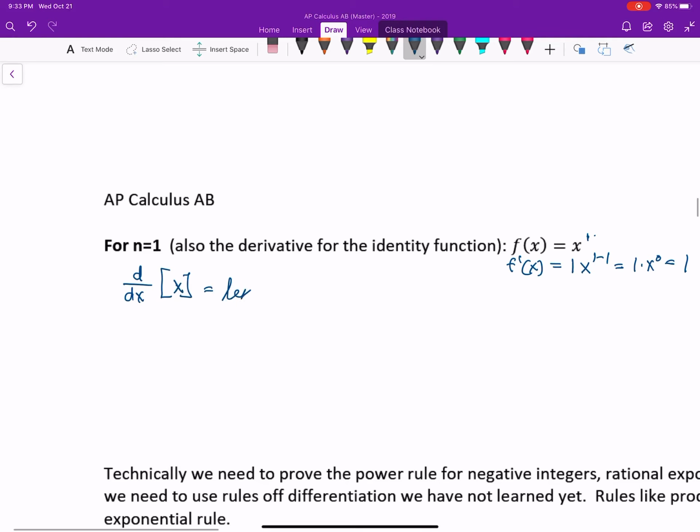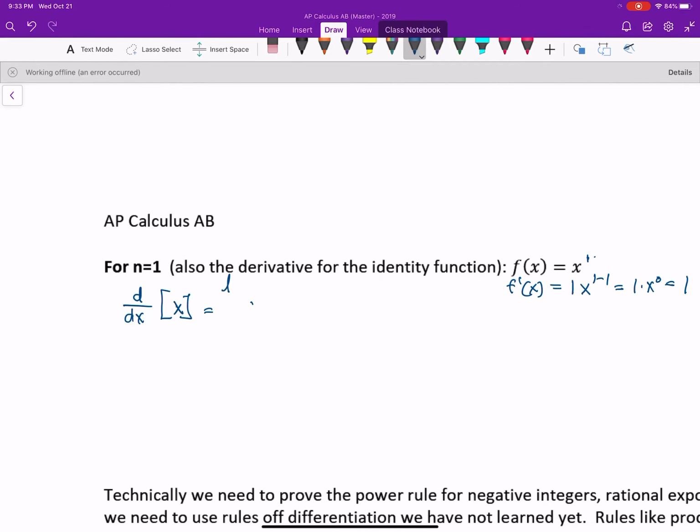So I have the limit as h approaches, not x, h, excuse me. Whoops. The limit, again, working offline, I know.